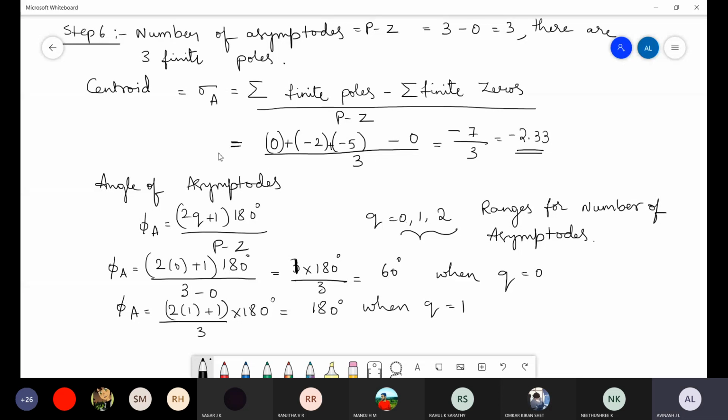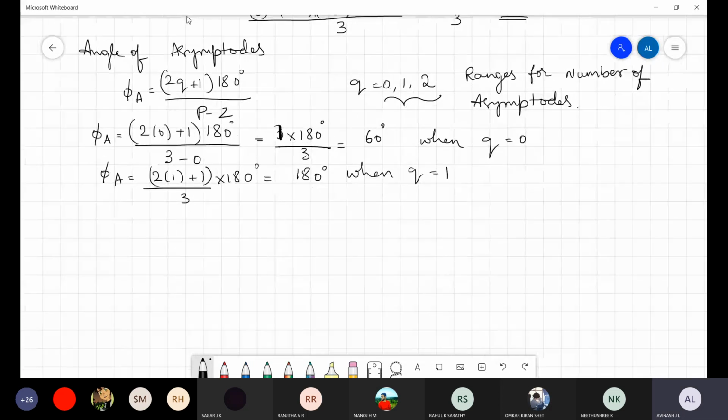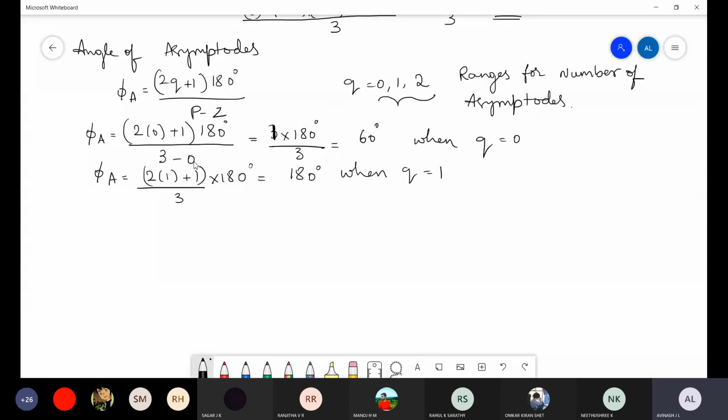Similarly, when you calculate the next one, so 3 asymptotes we need to calculate. In this particular scenario, when q equal to 2, that means 2 into 2 plus 1, into 180 degrees divided by 3. 2 into 2 is 4, 4 plus 1 is 5. So 5 into 180 degrees divided by 3.